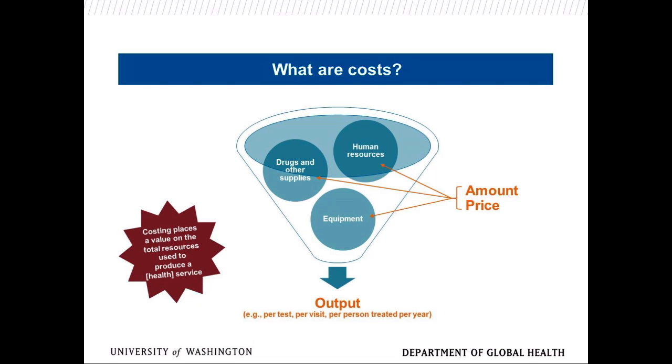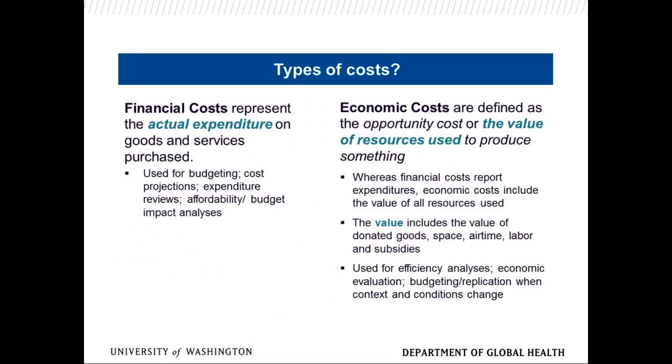But what we really care about is basically that cost for human resources, drugs and other supplies, equipment that are used to either deliver a test, to reach a beneficiary with testing, treatment, counseling for HIV or TB or any condition.